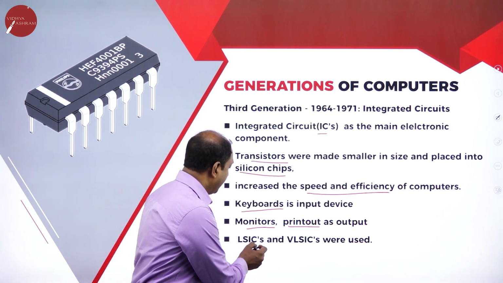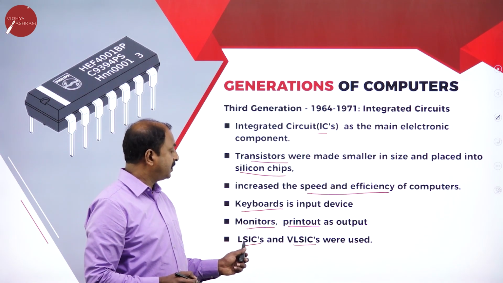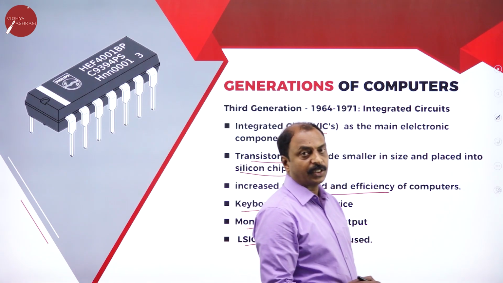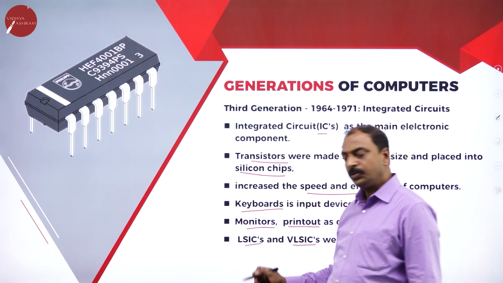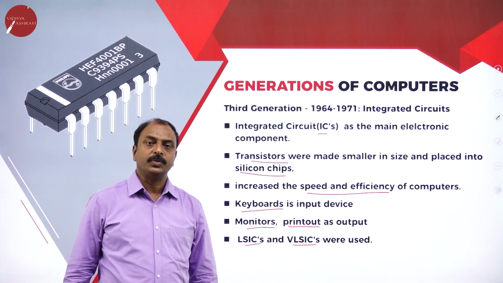And LSI and VLSI. Here, LSI stands for large scale integration and VLSI for very large scale integrated circuits. These two are advanced ICs, and they were using these technologies in third generation computers.